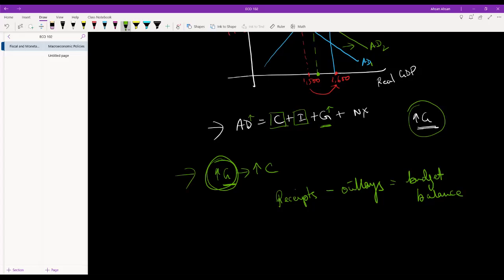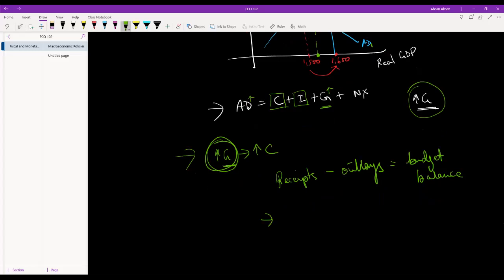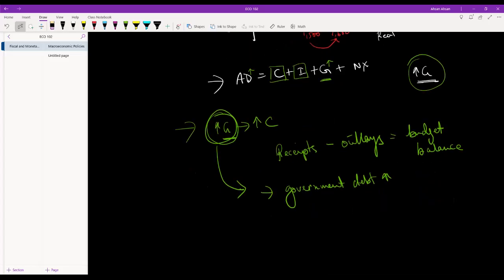They have to take more loans. They were already taking loans. Now they're going to be taking even more loans. So from here, what we know is that government debt is going to go up. Now think of the loanable funds market.